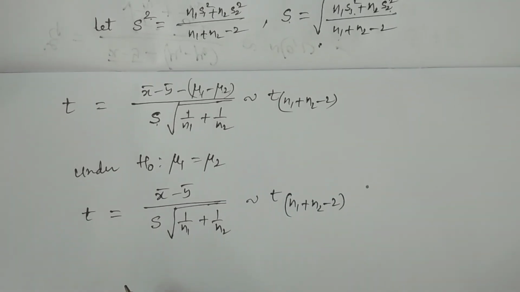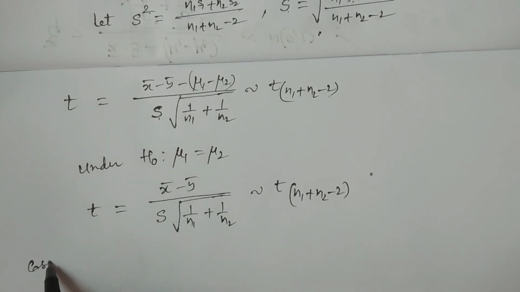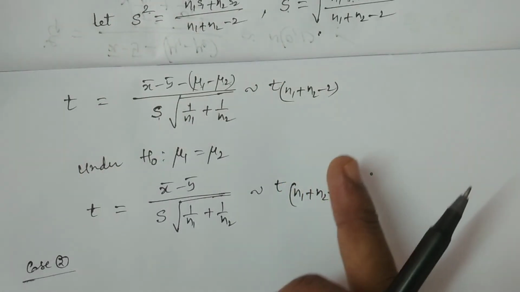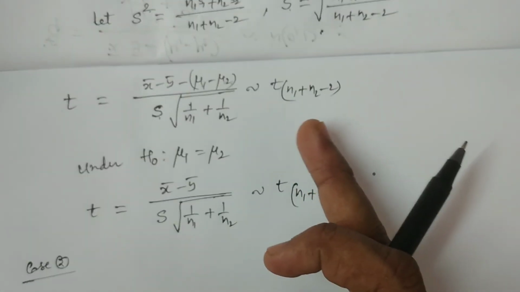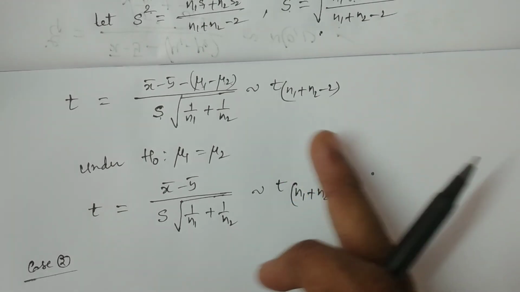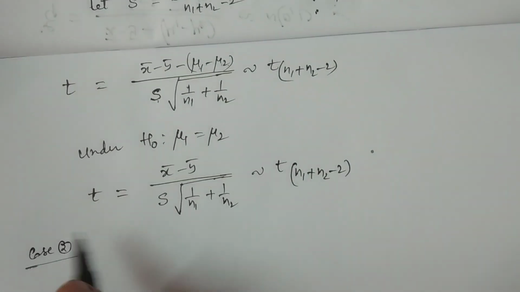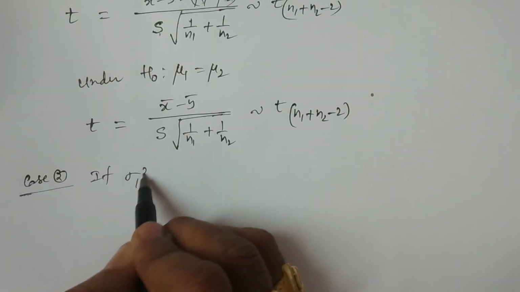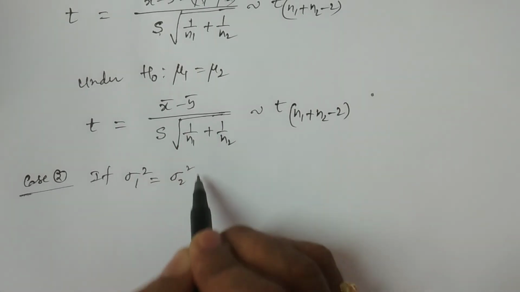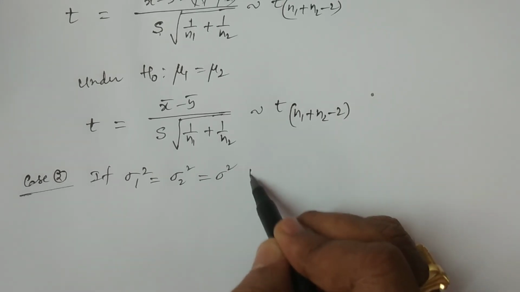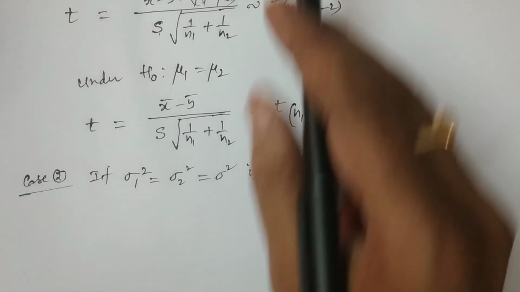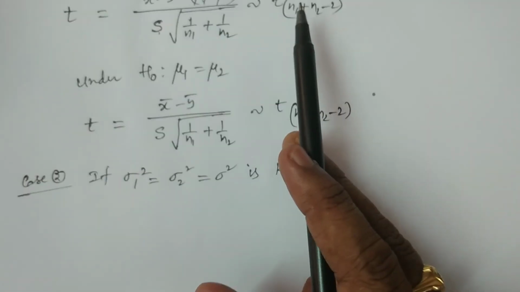This is the next point. I specify one more case, case 1 or case 2. Whatever we have discussed now is case 1. Case 2 is when sigma 1 square is equal to sigma 2 square is equal to sigma square, a known value. This entire derivation was for the not known case.